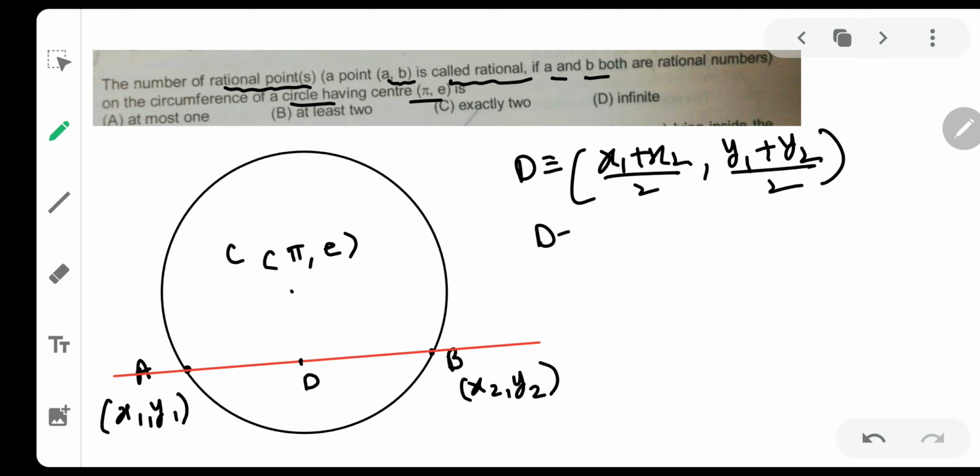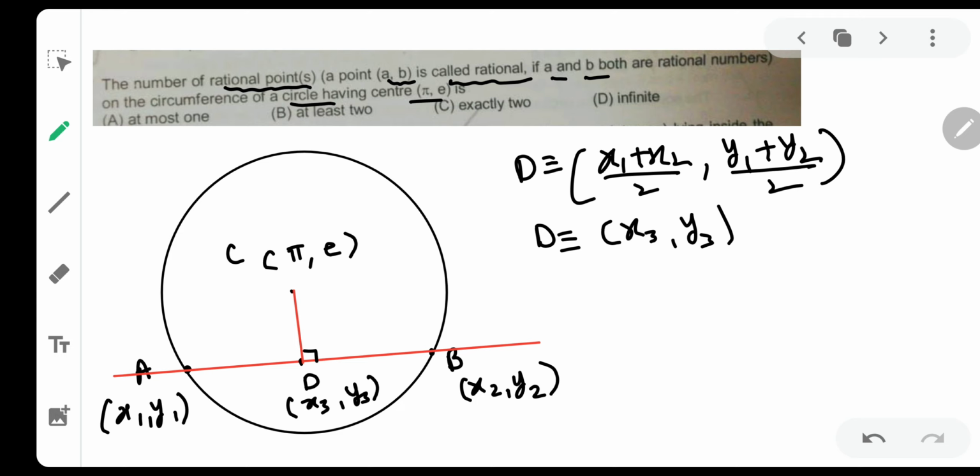So let me call that (x3, y3), and both are rational numbers. Now the 10th standard property says that if we join the midpoint of the chord and the center of the circle, that will be perpendicular, right?